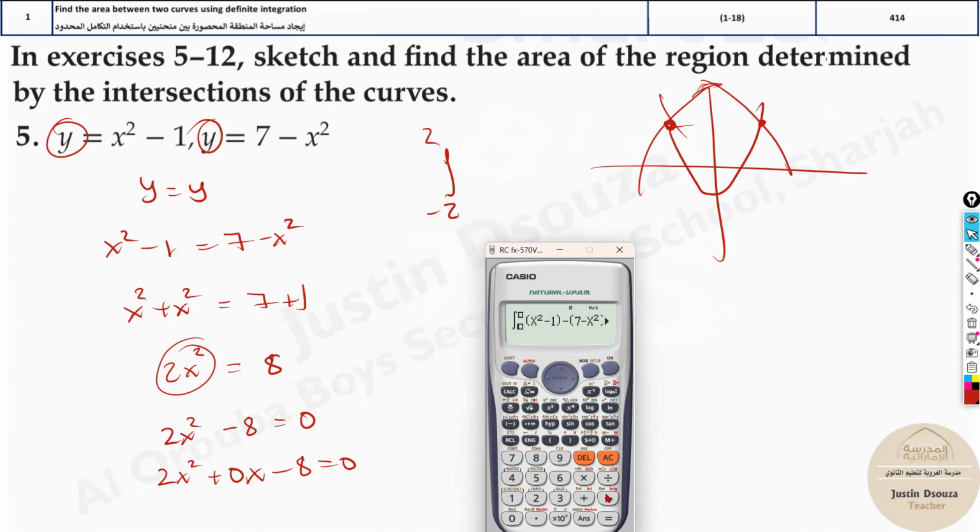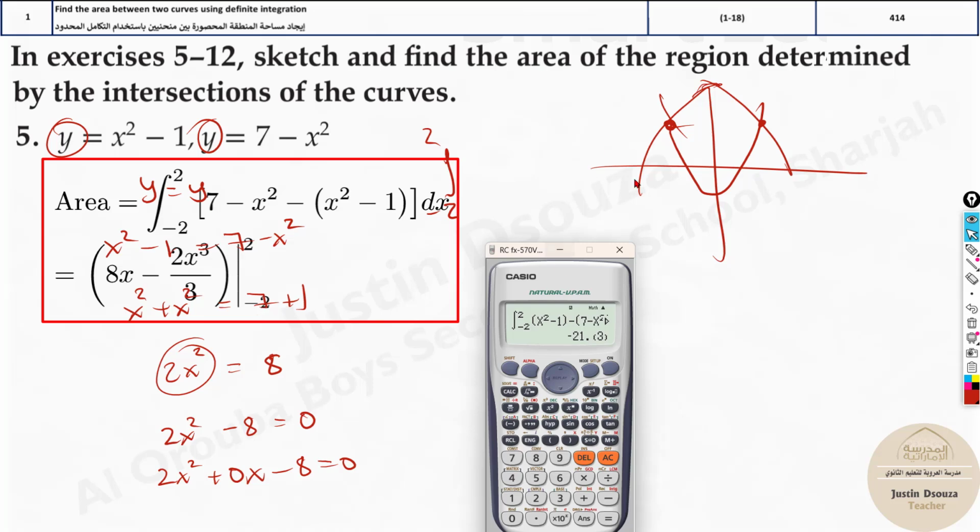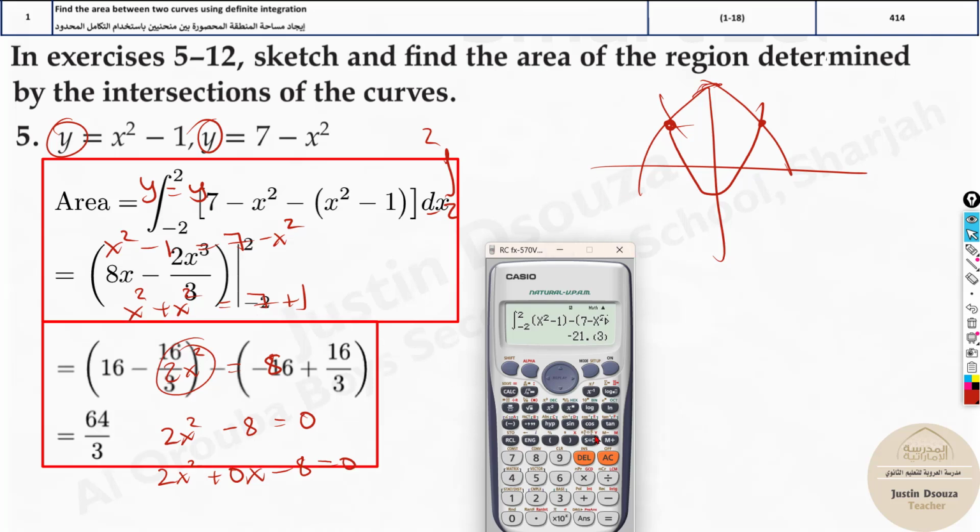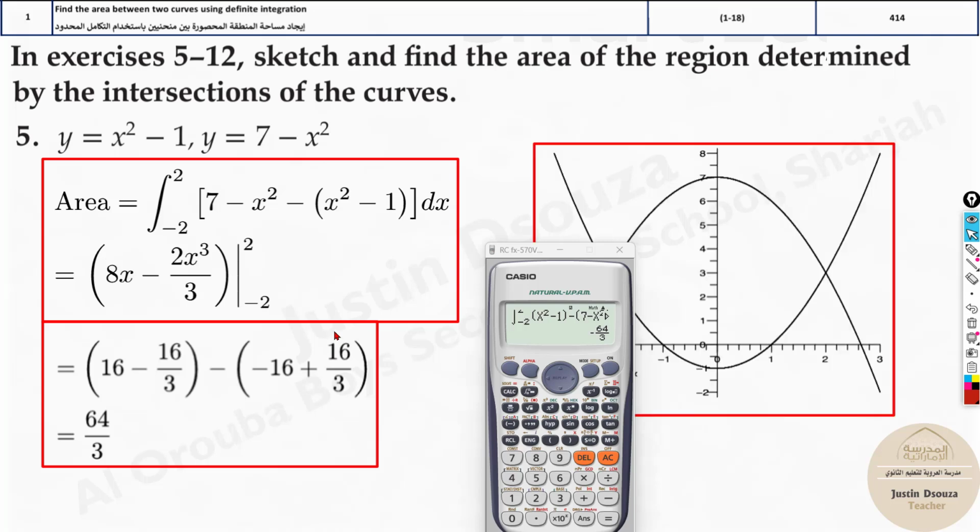And over here the limits are minus 2 to positive 2. The answer will be negative here, but that's fine. The answer value is correct, only the sign is negative because I chose the lower and upper values this way. So this is the answer. It's 64 by 3. That's what we had got. But forget the negative sign. Whatever the answer, it will only be positive. Area is only positive. So that's how we solve it.